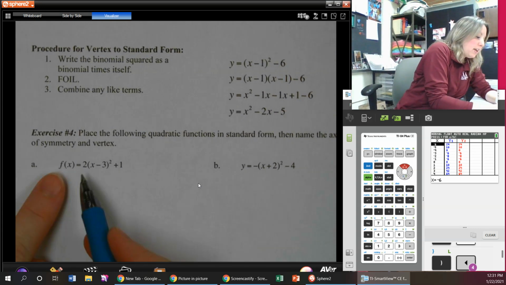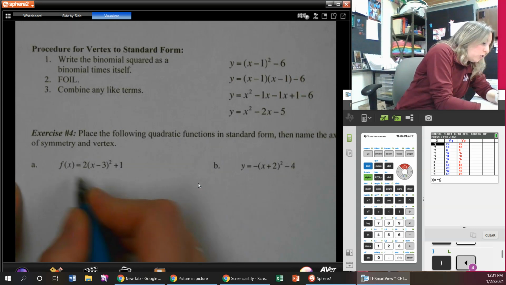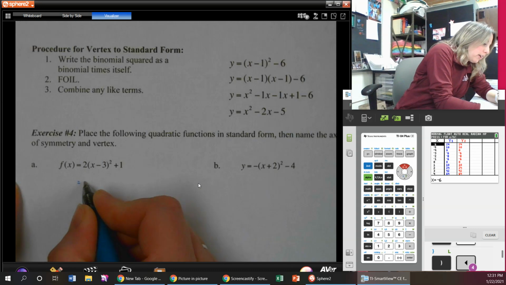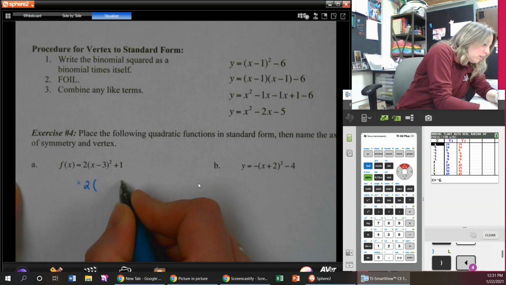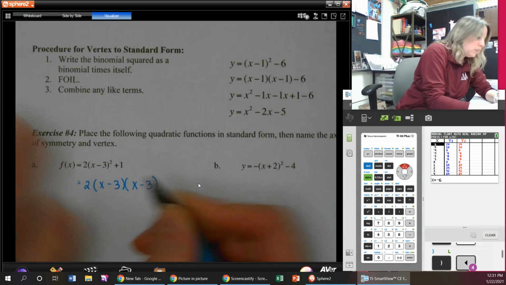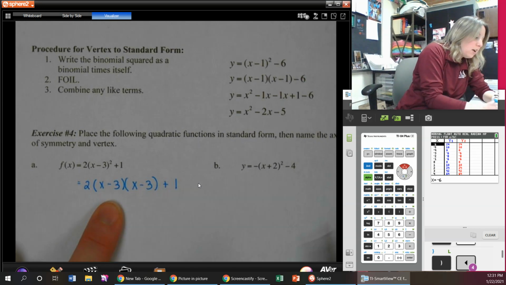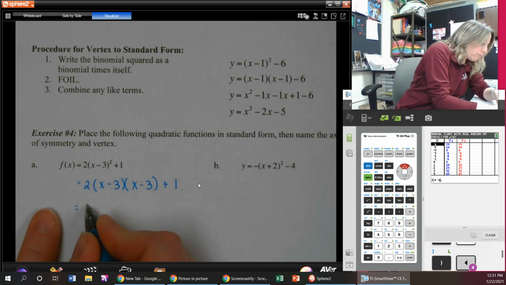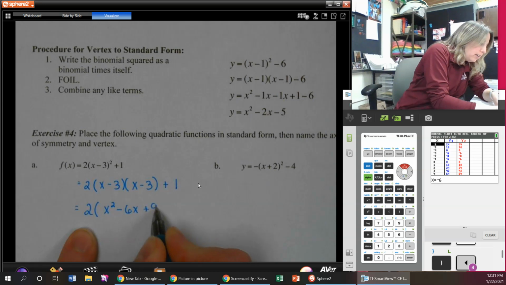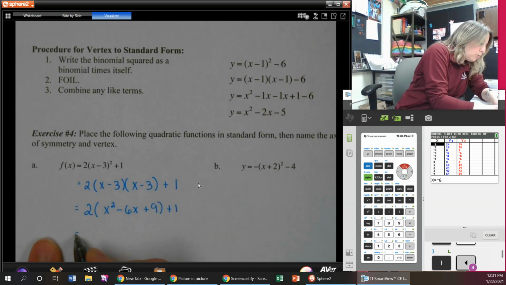So part A here, start by foiling. 2, and then this is really x minus 3 in these two parentheses times itself, and then plus 1. And so I FOIL first: x squared minus 6x plus 9. Now I distribute the 2.